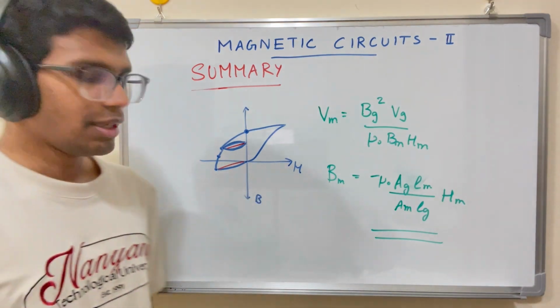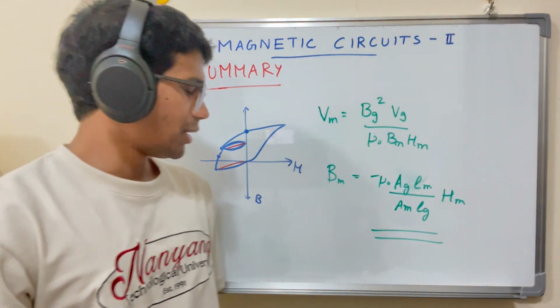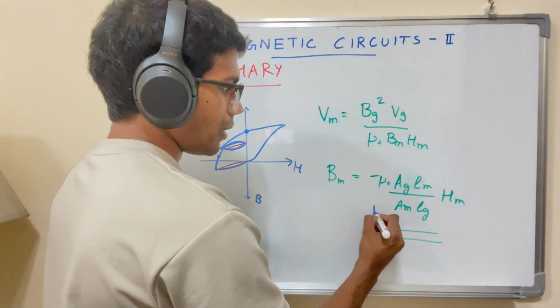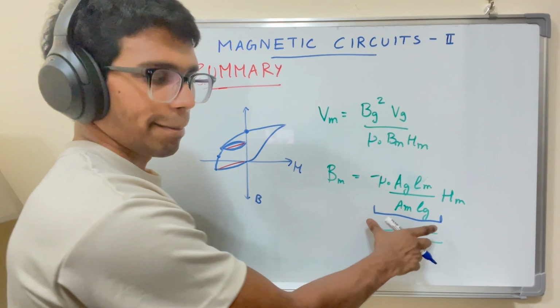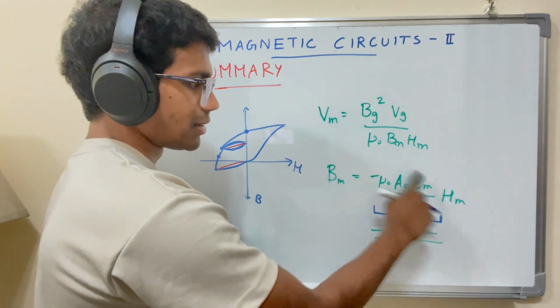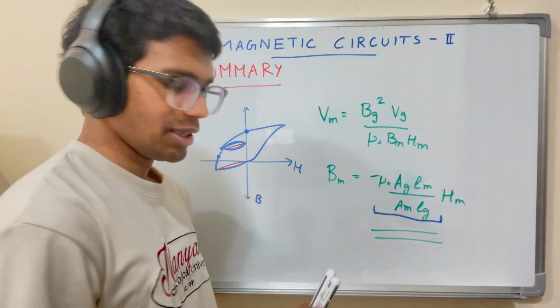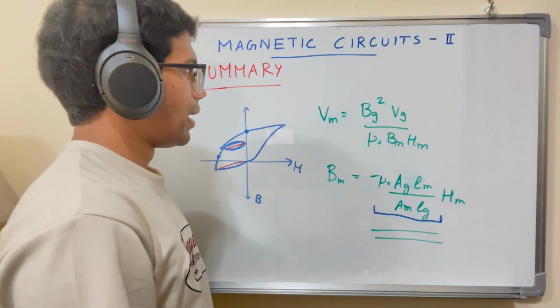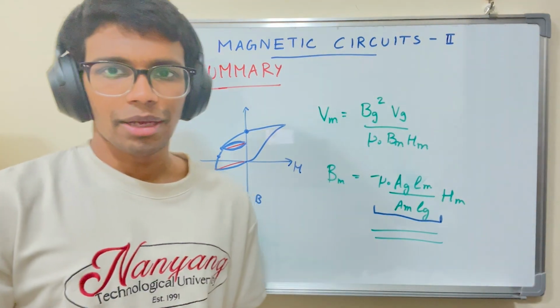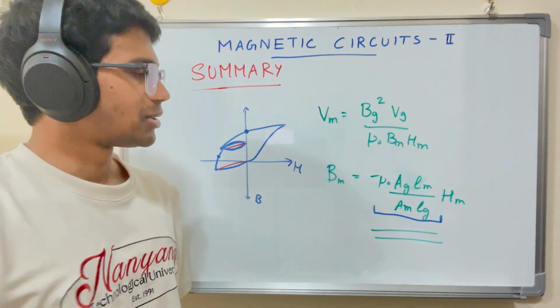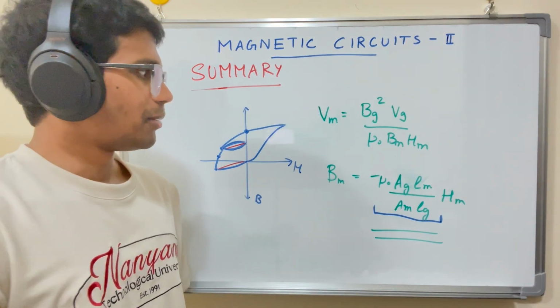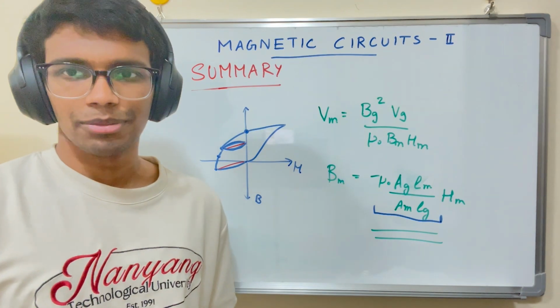The slope of the shear line of the BH curve can be found using this equation, and the volume of the permanent magnet can be found using this formula, that is Bg squared times volume of the air gap divided by mu naught Pm times Hn.